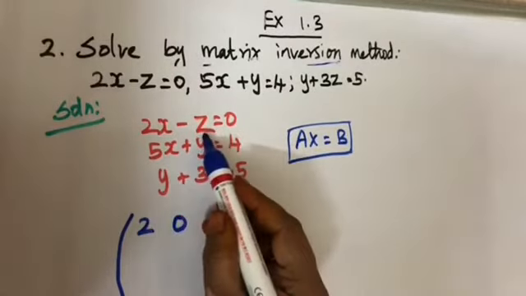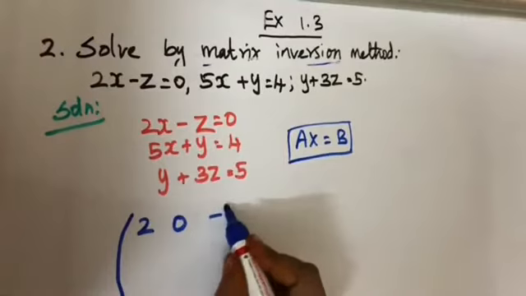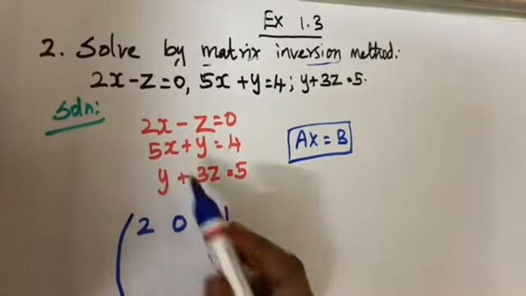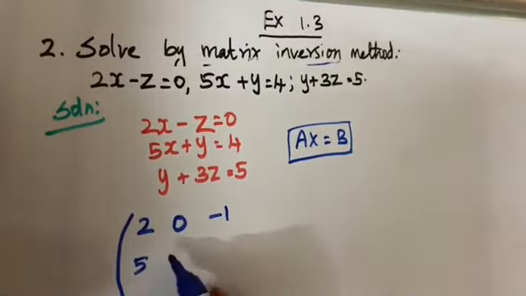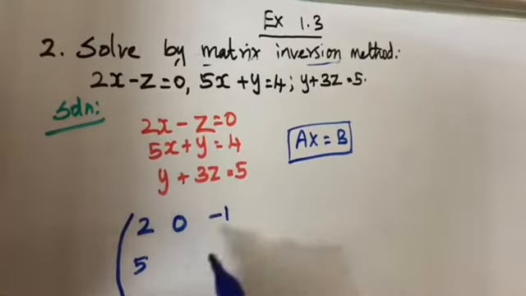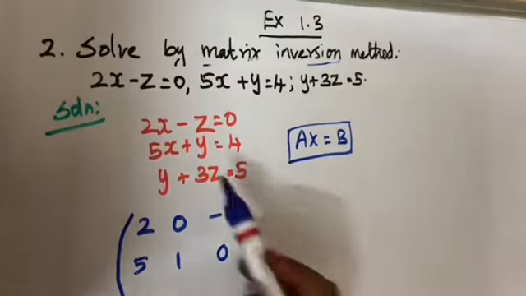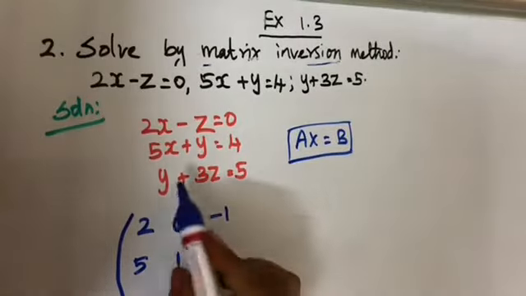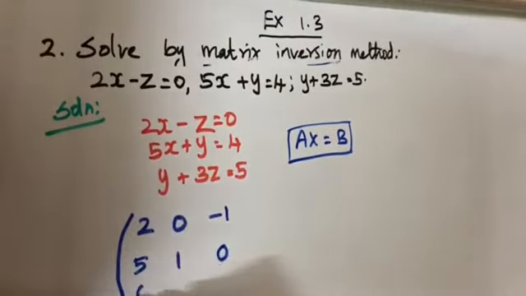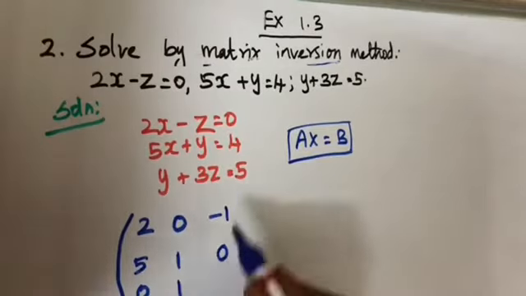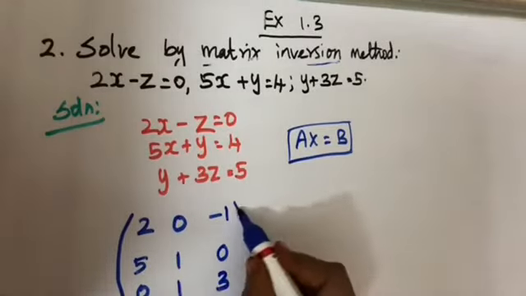What's the coefficient of z? Minus 1. In the second equation, x coefficient is 5, y coefficient is 1, no z coefficient, so 0. In the third equation, no x coefficient, so 0, y coefficient 1 and z coefficient 3.